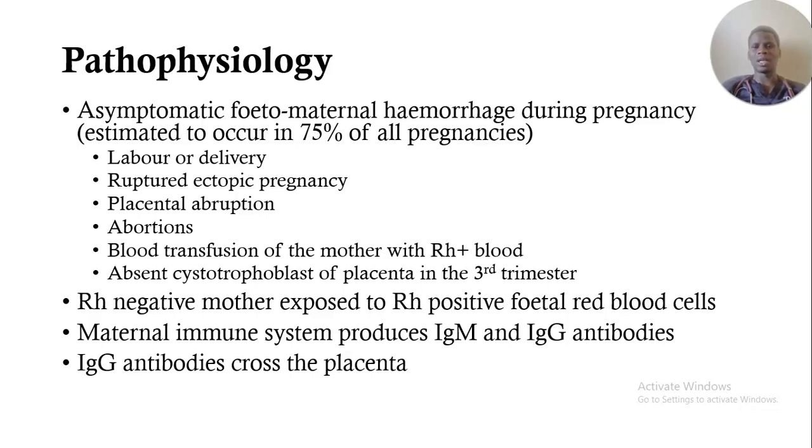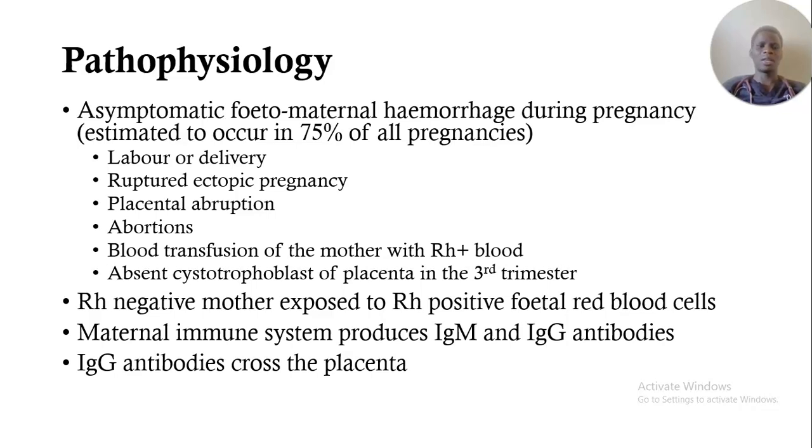So it becomes like a very big foreign body inside there. The placenta does quite a good job of preventing the maternal blood from mixing with the fetal blood. And this mainly makes the first pregnancy safe because there's literally no mixing.